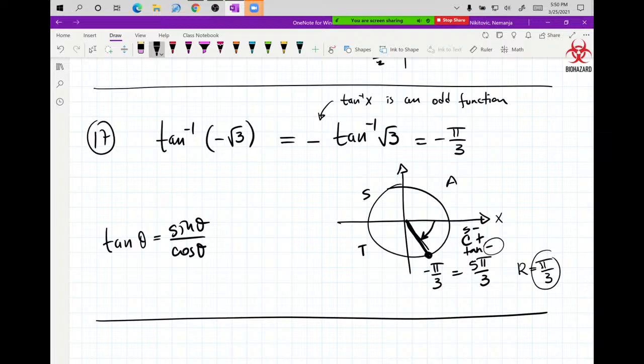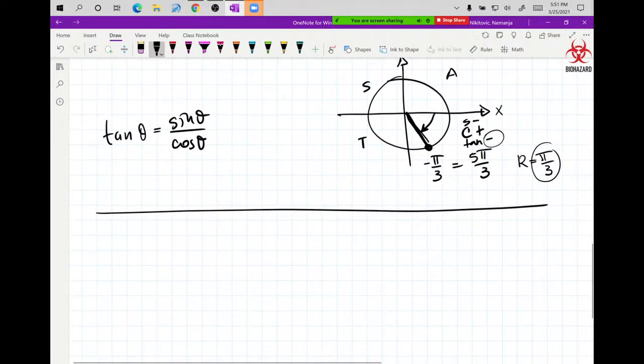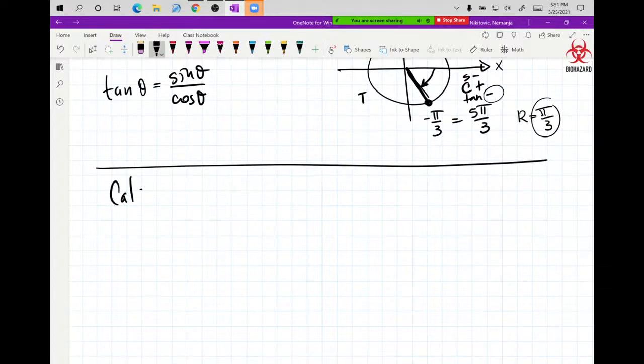Now, they also have calculator use, and a whole section of problems for calculator use. This is very important because of engineering. Your engineering problems and physics problems, they like to see those degrees. And mathematics doesn't. We like to see radians because the formulas work with radians. In physics, the formulas also work in radians, but you always convert them.